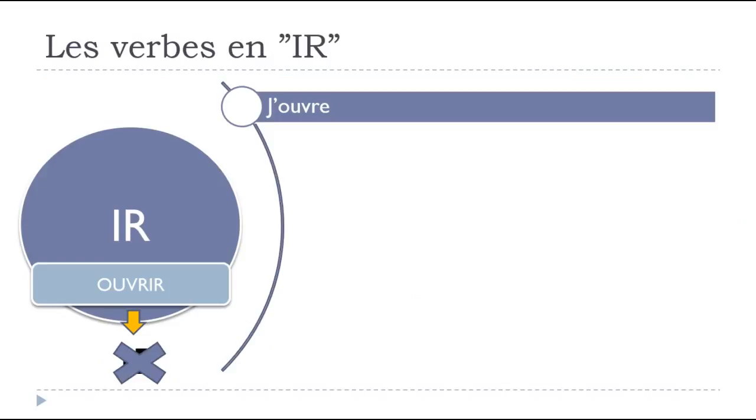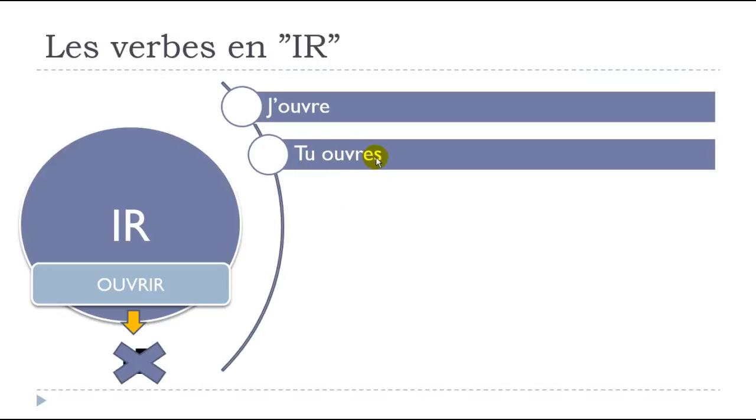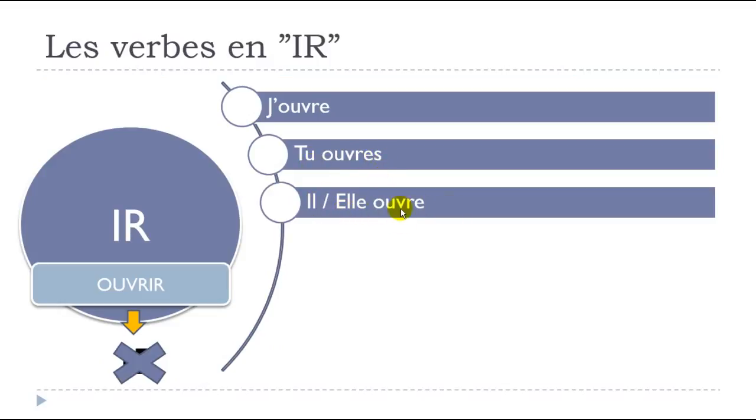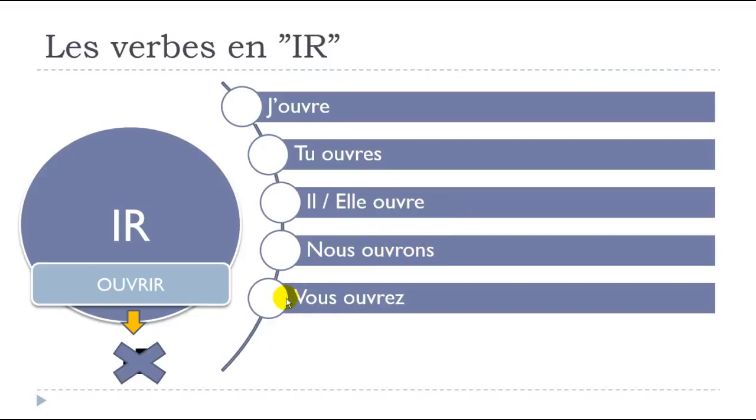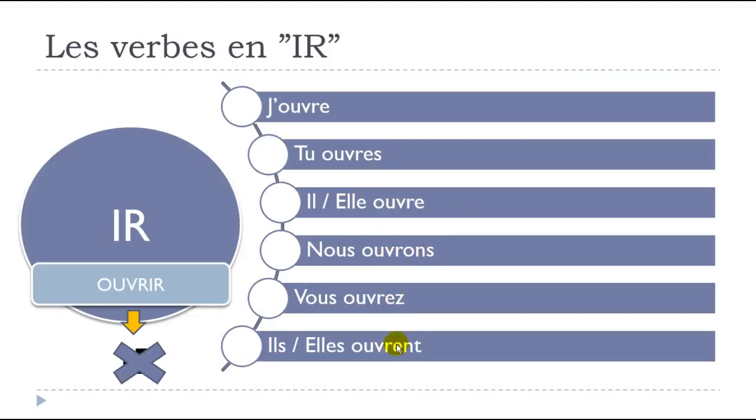And so after that you will get j'ouvre, tu ouvres, il ouvre, elle ouvre, nous ouvrons, vous ouvrez, ils ouvrent, elles ouvrent. So it's clear that we've got this verb ouvrir, ending with ER, and as I told you here, you should take this ER away.